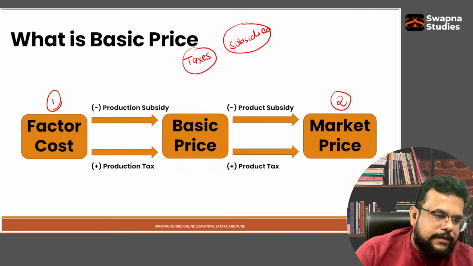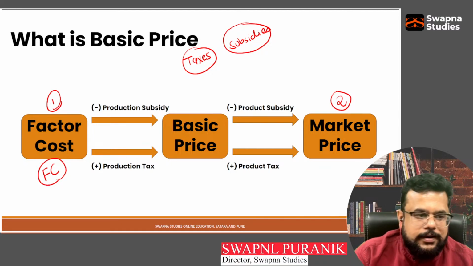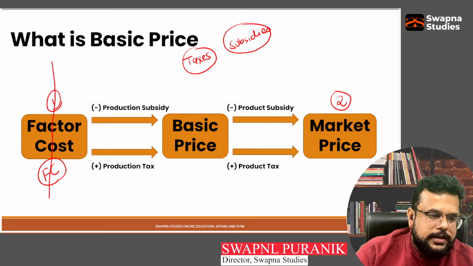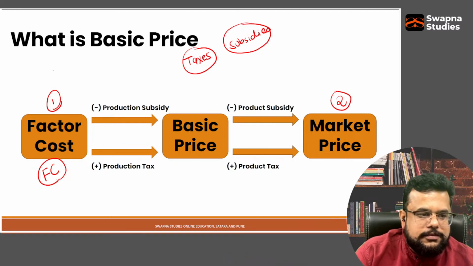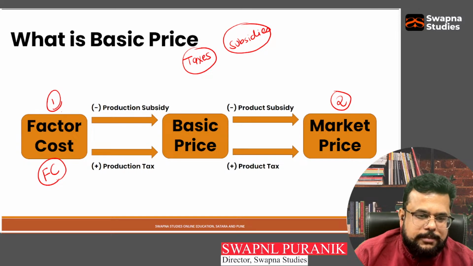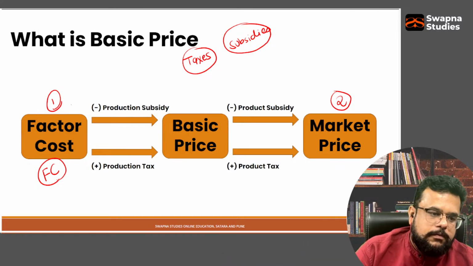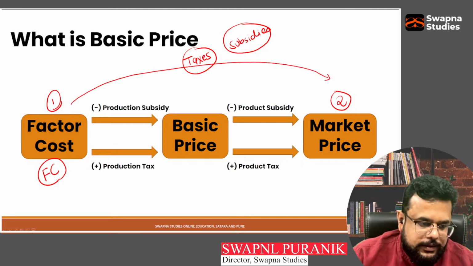If we have a factor cost, we know factor cost very well. Whenever the product is in the factory, then we consider its factory cost. Now, keep this in mind every time. Whenever you are going from factor cost to market price, okay, this is our journey.